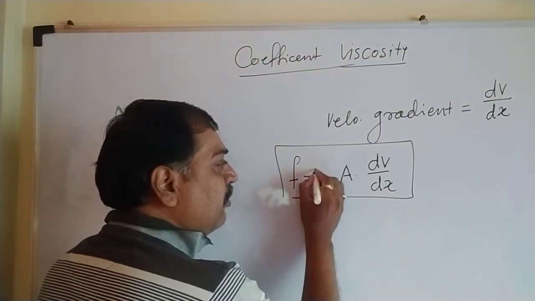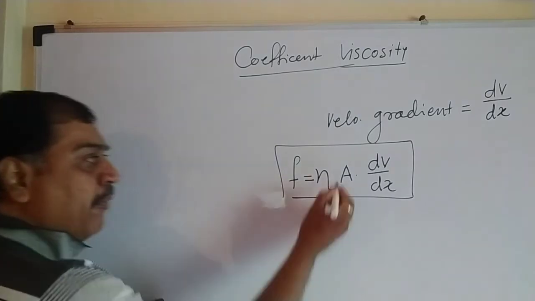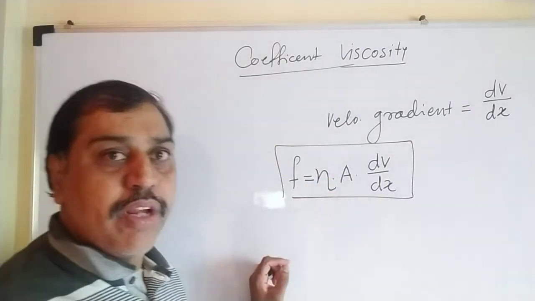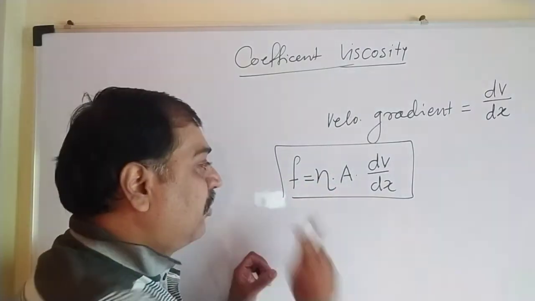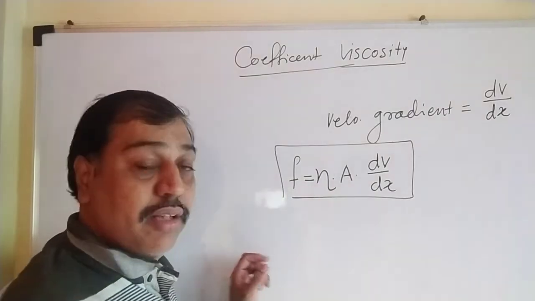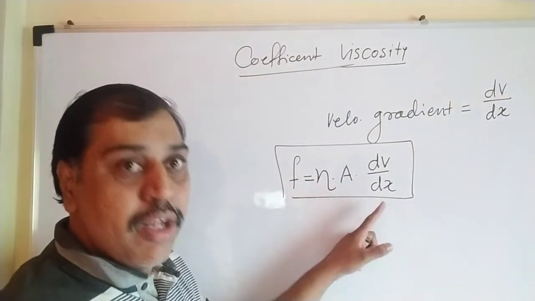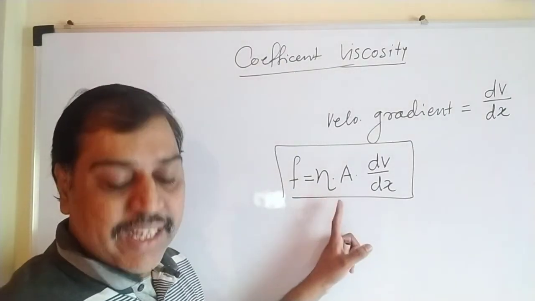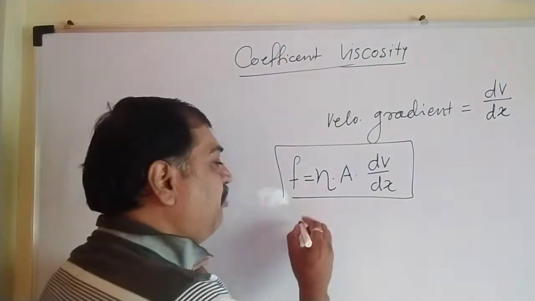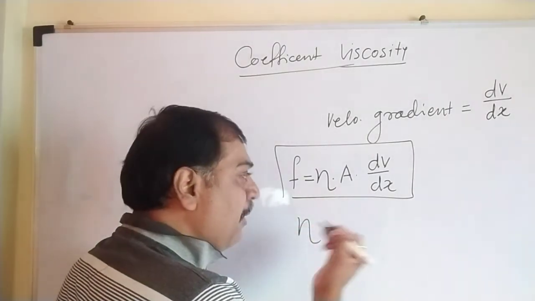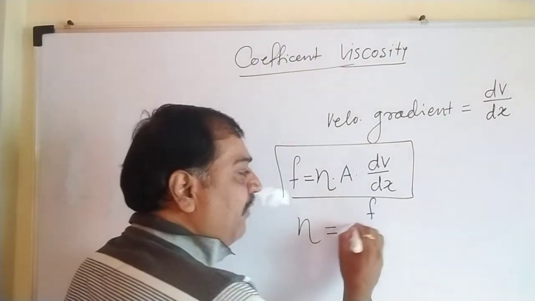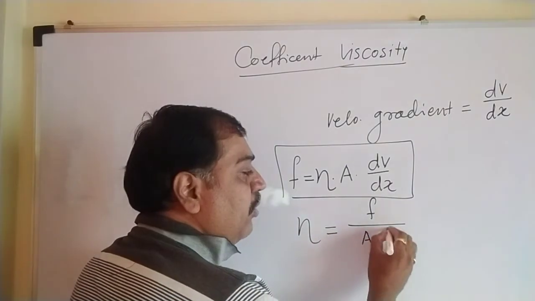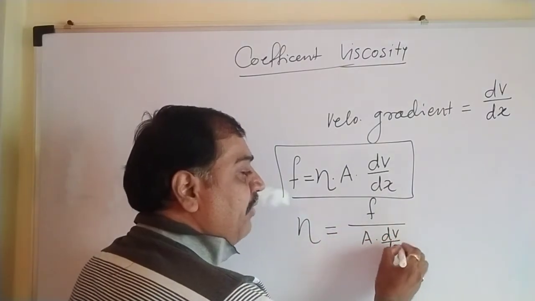If we remove the proportionality sign and take a constant, and that constant is called eta, then eta is the coefficient of viscosity. So F equals eta into a into dv by dx. From this you can find the value of eta, the coefficient of viscosity: F divided by a into the velocity gradient dv by dx.